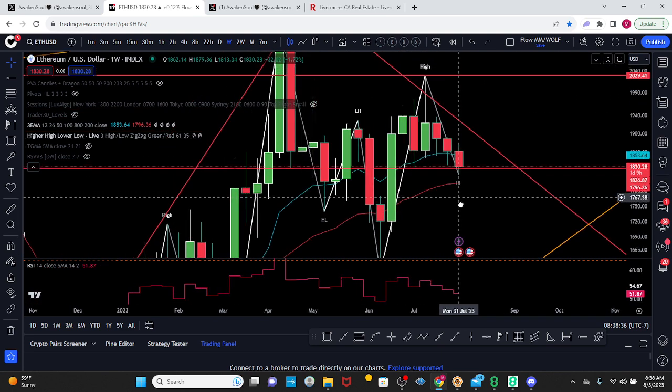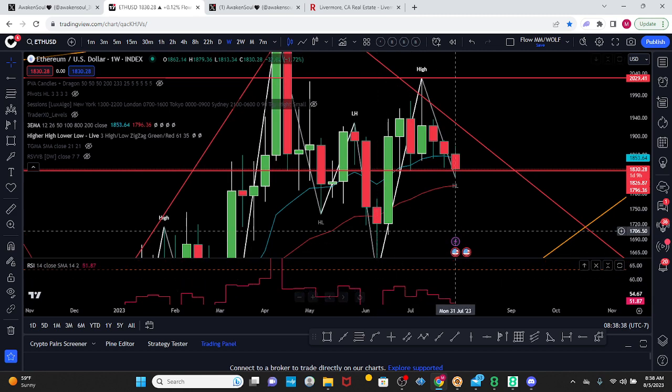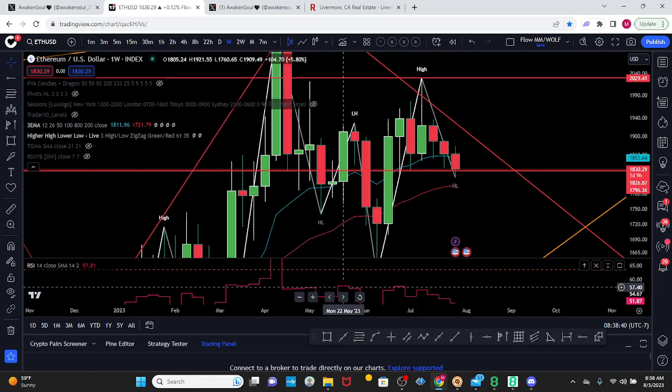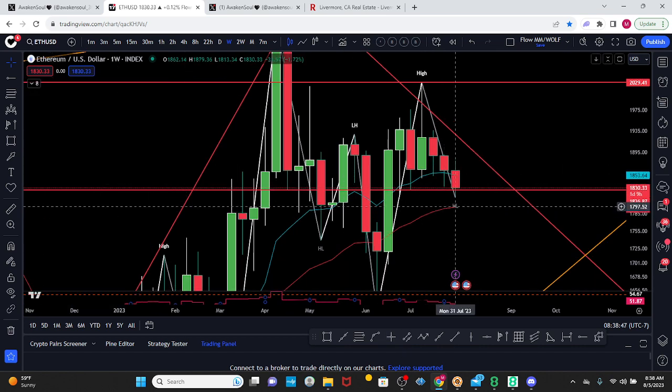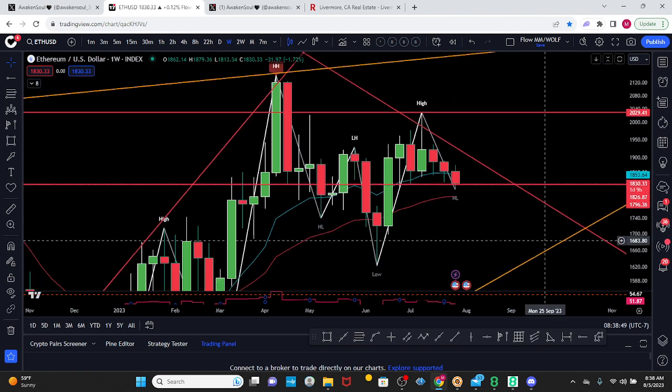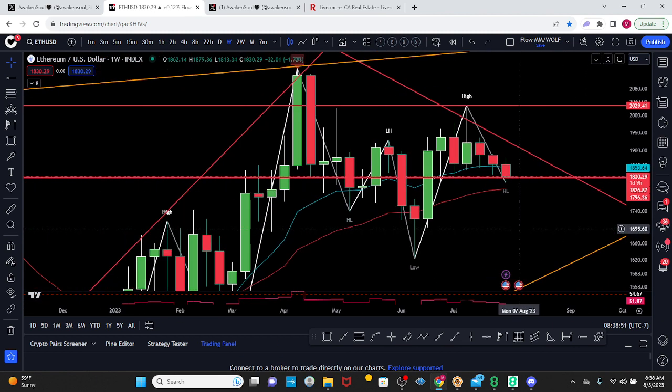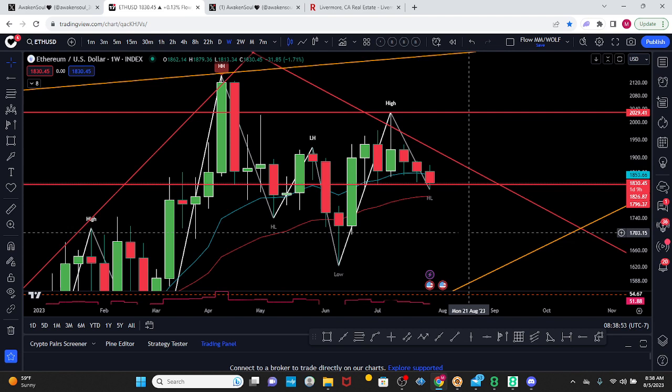I don't see divergence right now. Maybe some hidden divergence here. The RSI, I don't really look at it. I do, but I don't. It's the last thing I care for.